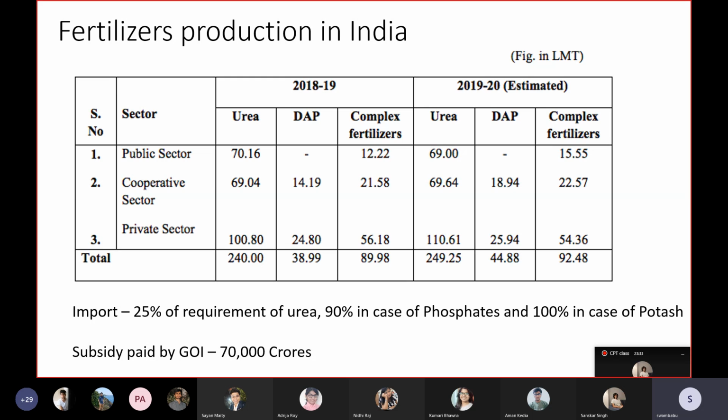Complex fertilizers contain all three, N, P and K. Urea only contains nitrogen. DAP, diammonium phosphate, contains nitrogen and phosphorus. In complex fertilizer, they add potassium also.